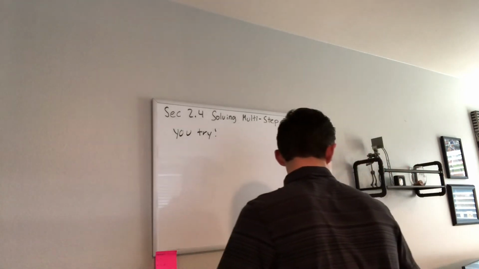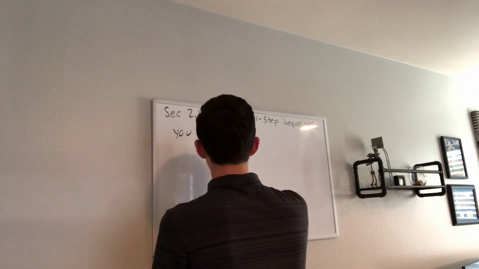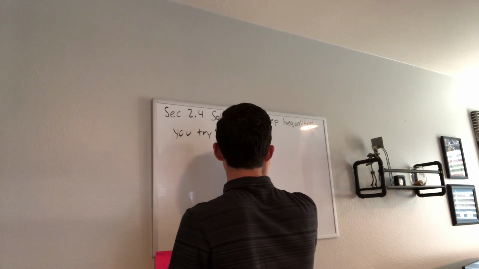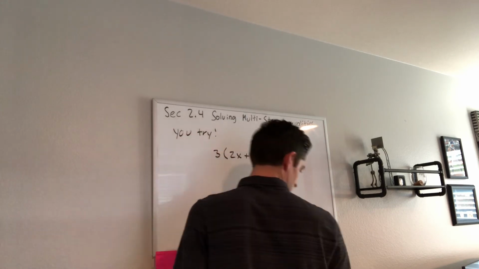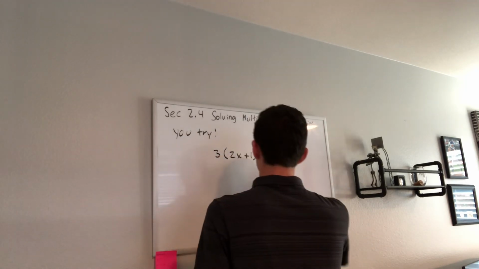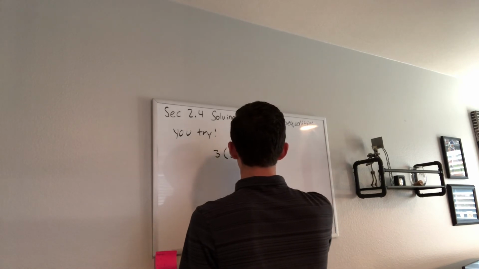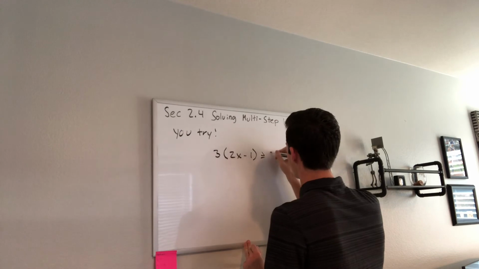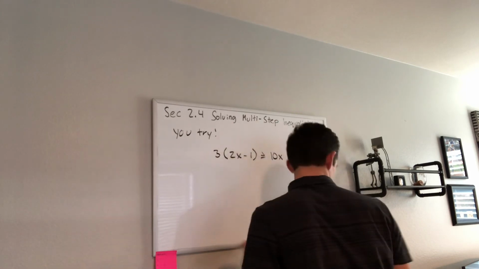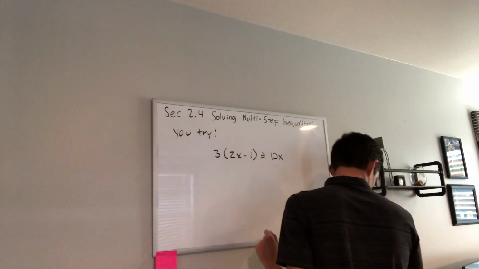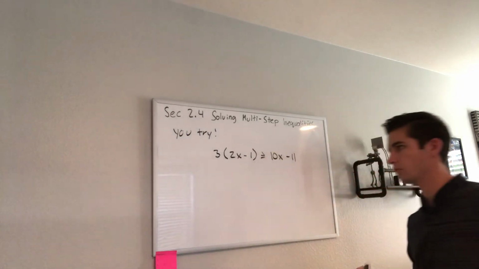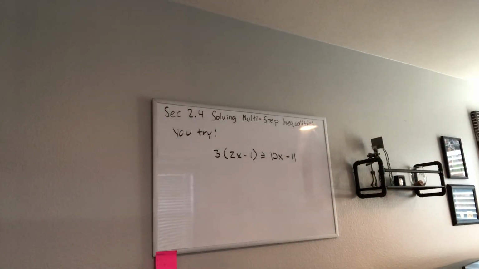We will have 3 times a quantity of 2x minus 1 is greater than or equal to 10x minus 11. So try that one. Remember PEMDAS.